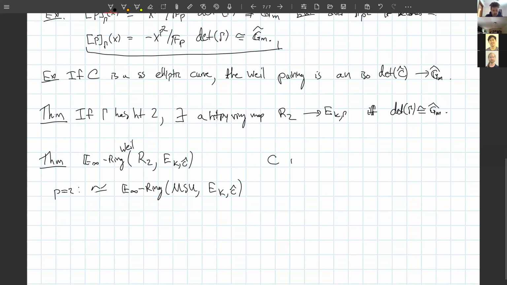C is, by the way, a supersingular elliptic curve over K, a perfect field, as usual, and E_K(C hat) is the associated Morava elliptic E-theory.